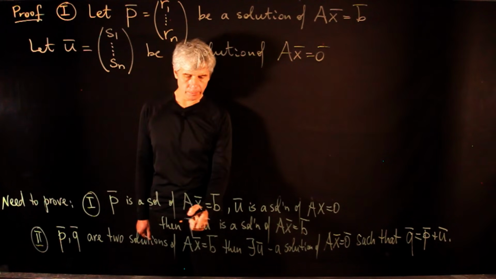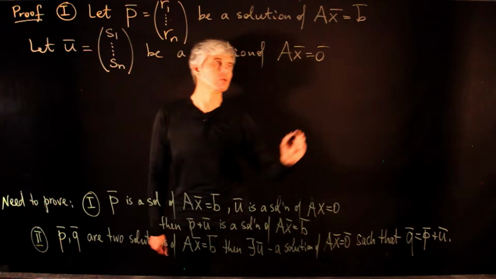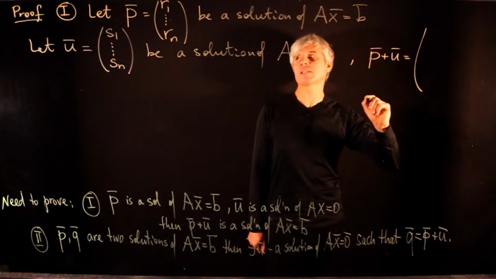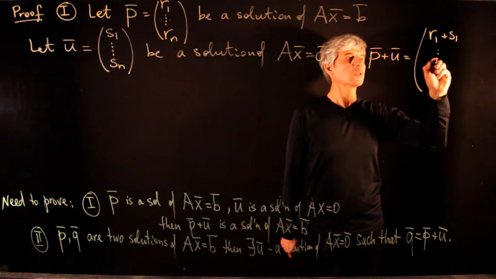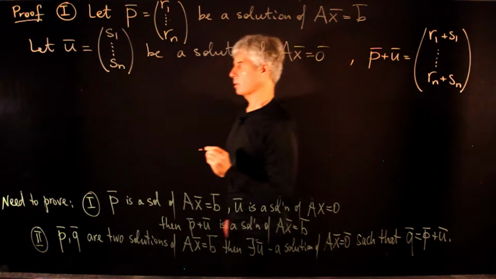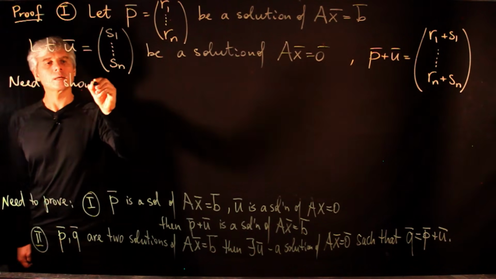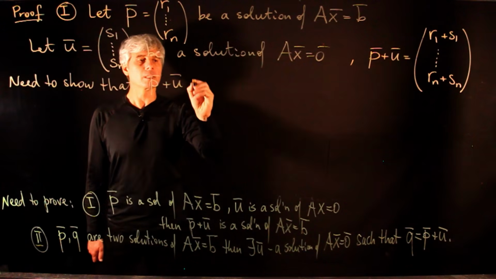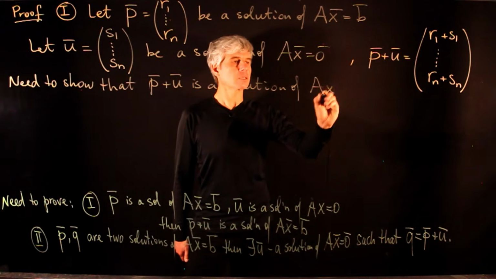So what do we need to show? We need to show that P plus U is a solution of, again, AX equals B. But what is P plus U? P plus U is the vector R1 plus S1, through Rn plus Sn. So we need to show that P plus U is a solution of AX equals B.